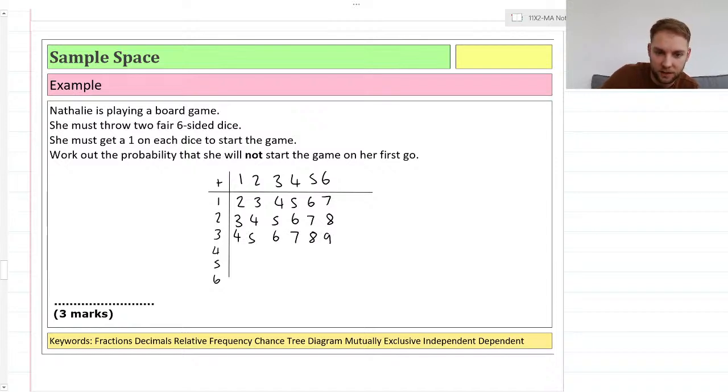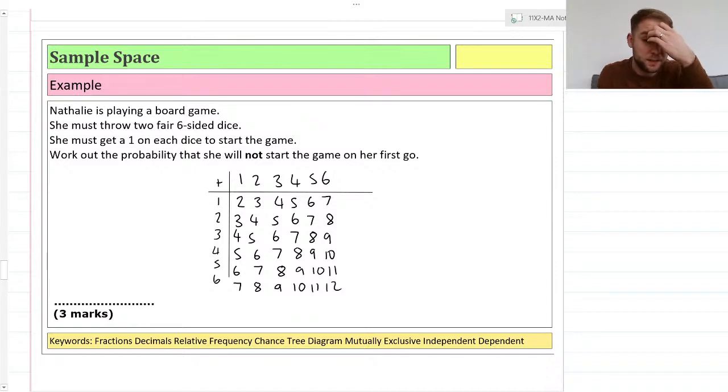Probably don't need to do all of these. 5, 6, 7, 8, 9, 10. 6, 7, 8, 9, 10, 11. Last one. 7, 8, 9, 10, 11, and 12.